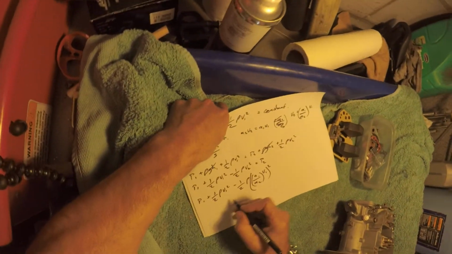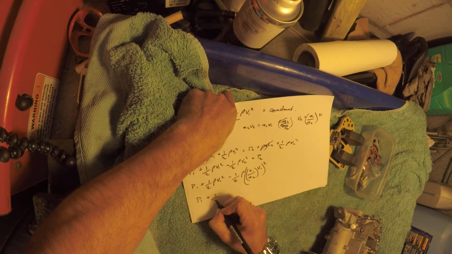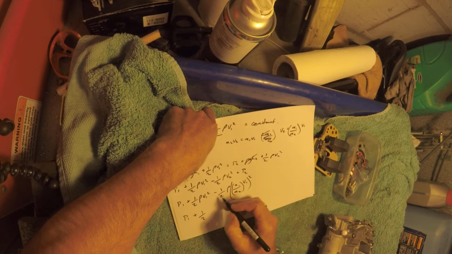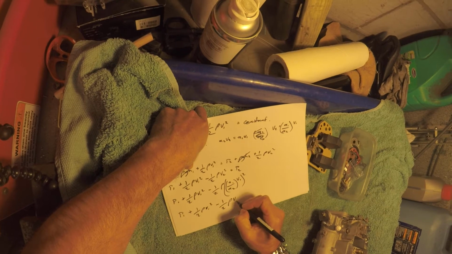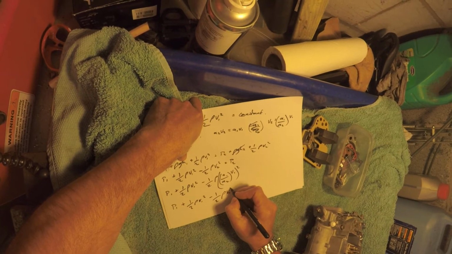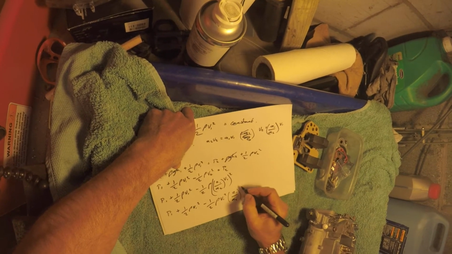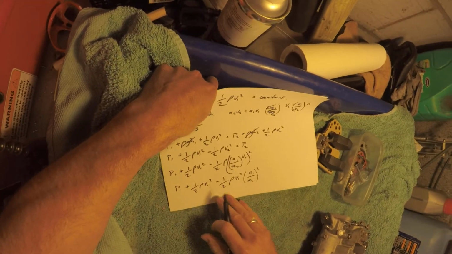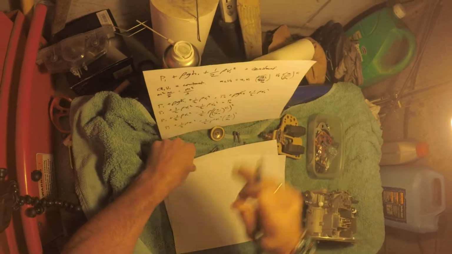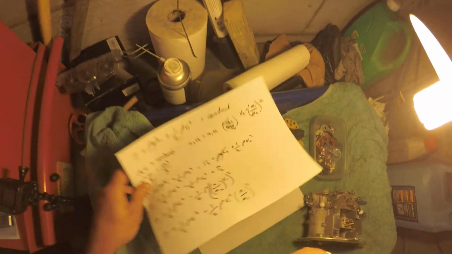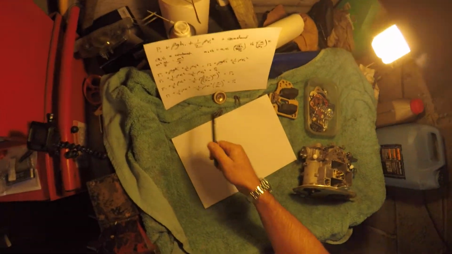Rearranging, you get P1 plus half rho V1 squared minus half rho V1 squared multiplied by A1 divided by A2 all squared, and that equals P2. So you're left with that equation.